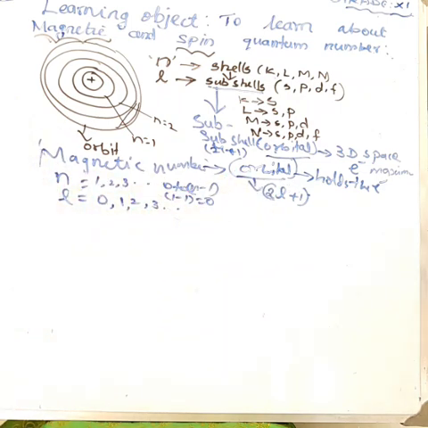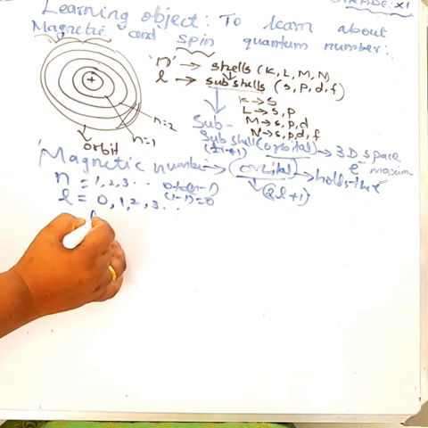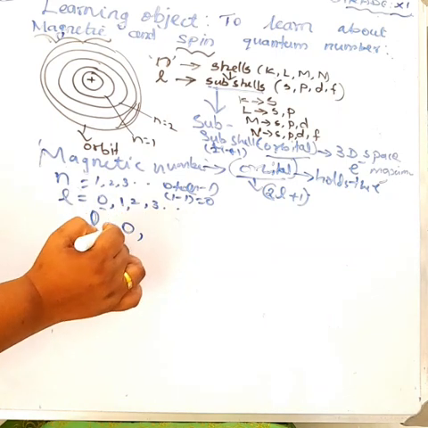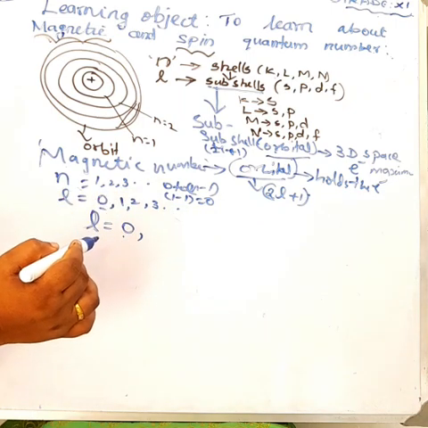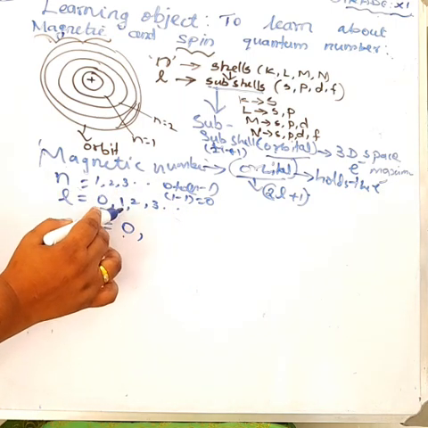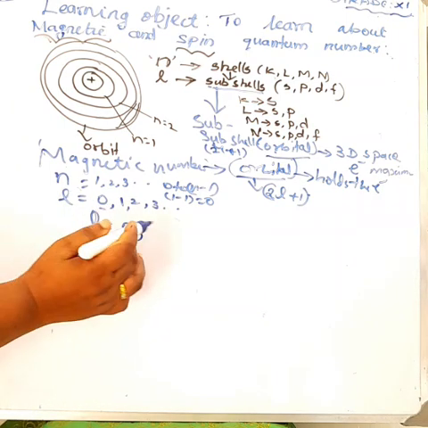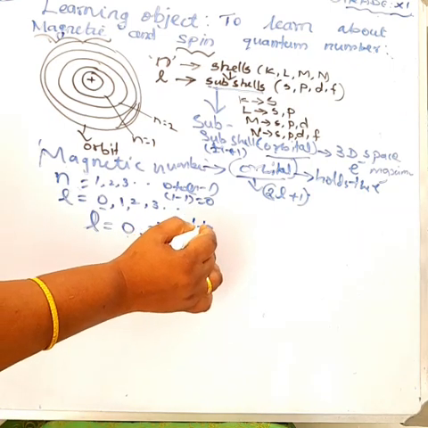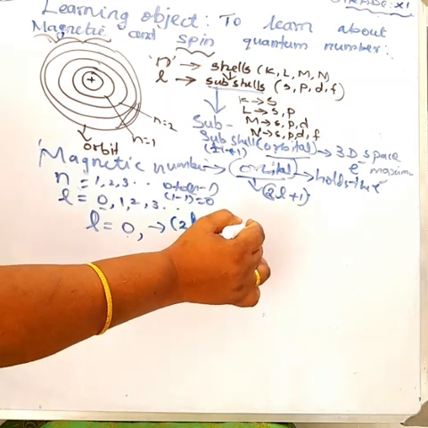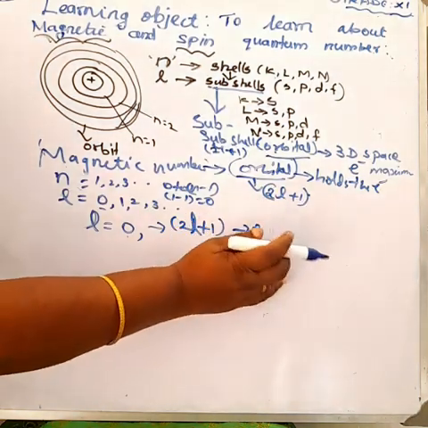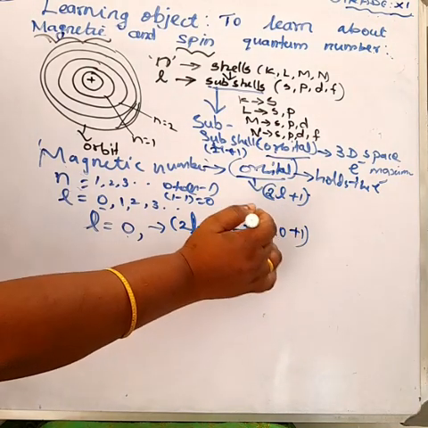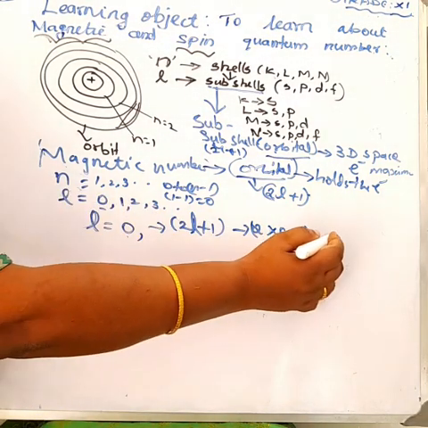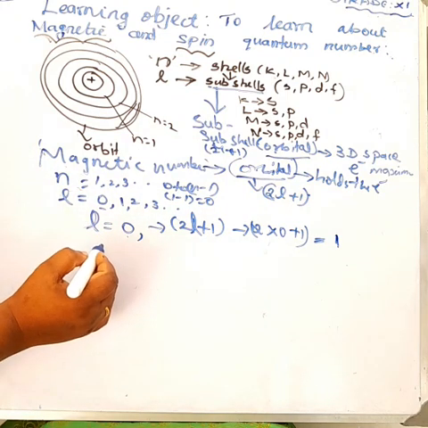So when L is equal to 0, how many orbitals are present in the subshell? Using the 2L plus 1 formula, 2 into 0 is 0, plus 1 is 1. Understood? When L is equal to 0, which subshell does it indicate? The S subshell.